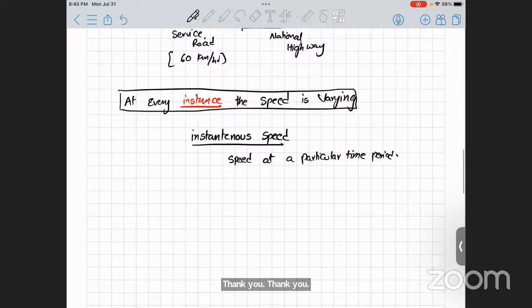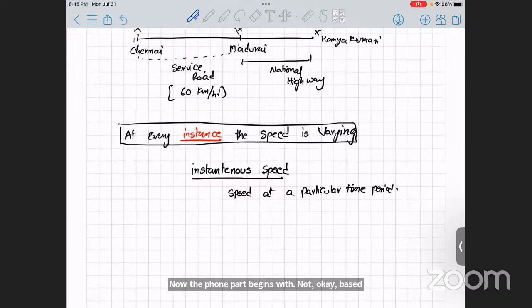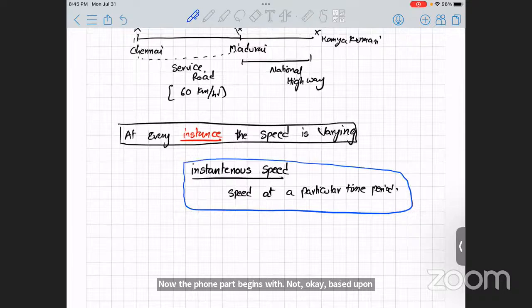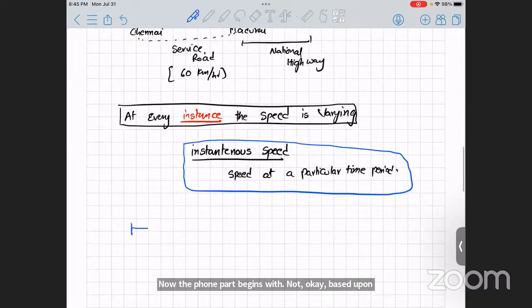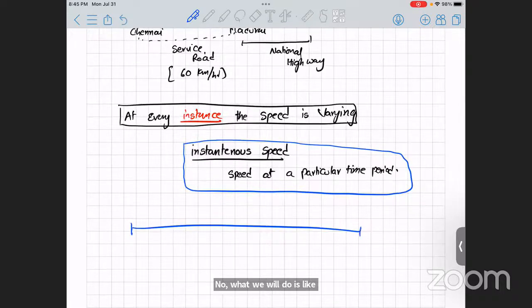Now the fun part begins. Based upon the definition, instantaneous speed is the speed at a particular time period. Now what we will do is break this into small time steps.